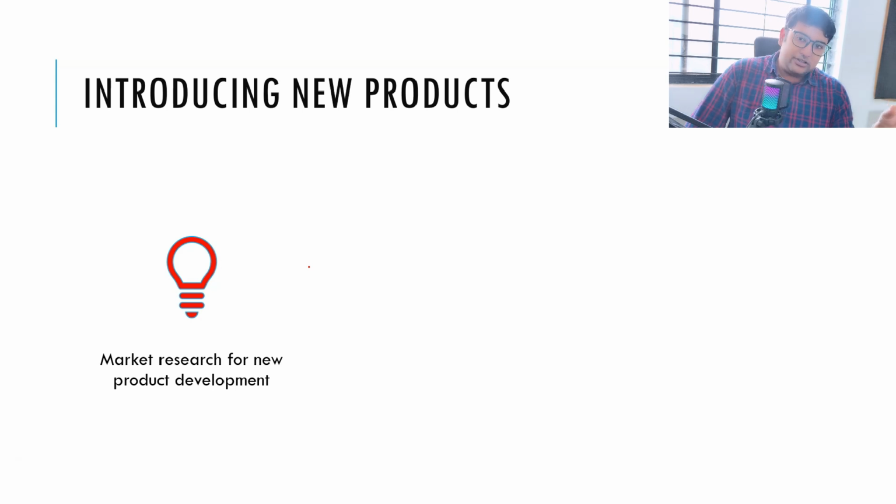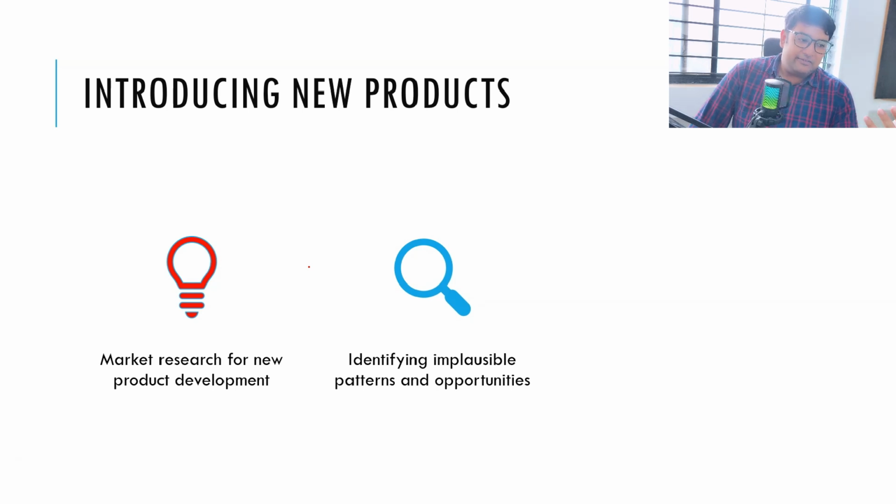and based on that, the analysts will be able to predict what the new features or new products should be that we can launch in the market. Second, we can identify implausible patterns and opportunities, meaning hidden patterns which are not clearly visible directly but are somewhere hidden in the back end. Those patterns can be determined.